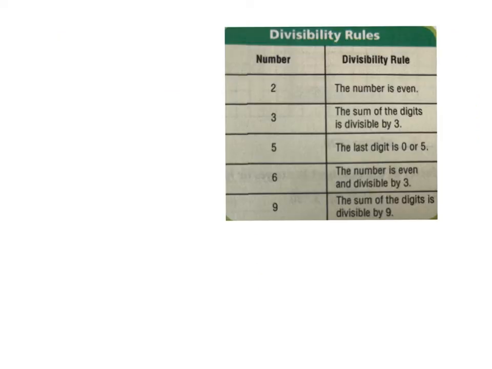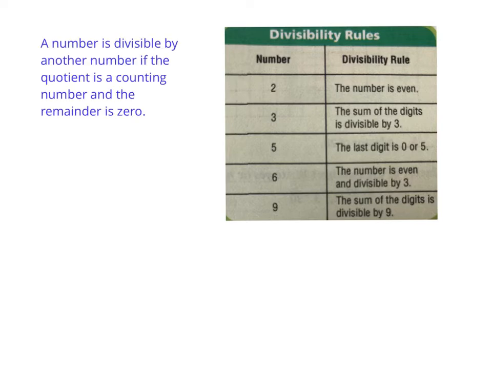So let's talk about some divisibility rules. These are little tricks that we can use to tell whether one number is divisible by another number. And if it's divisible by another number, then we know that it is a factor of that number. Basically, a number is divisible by another number if the quotient is a counting number and the remainder is 0.